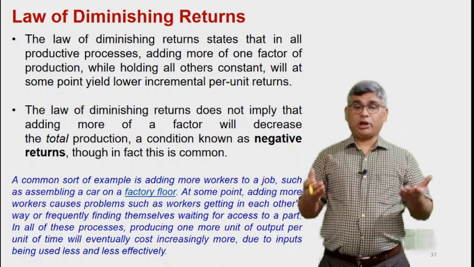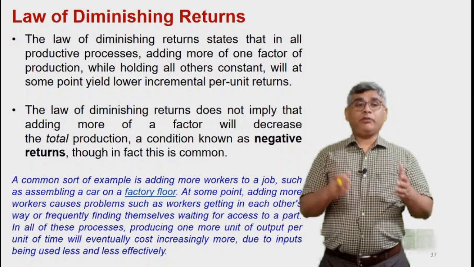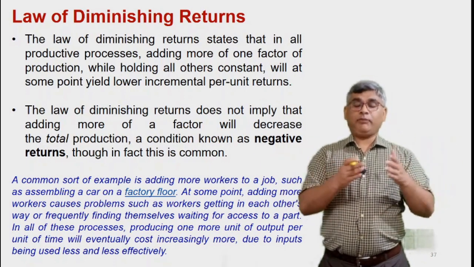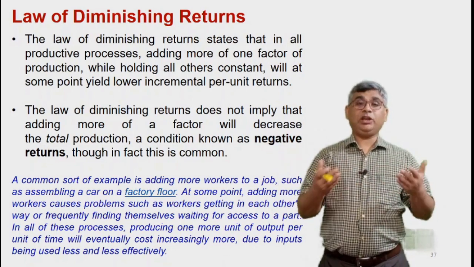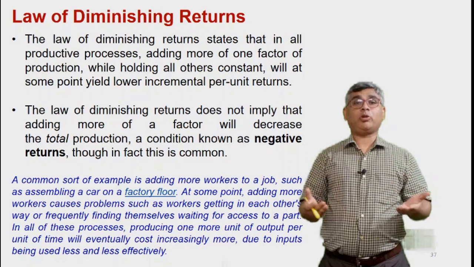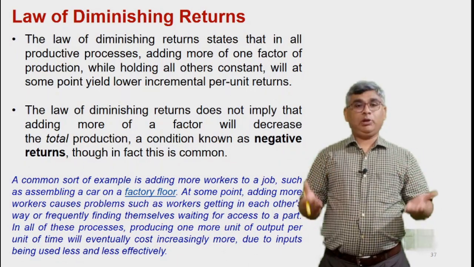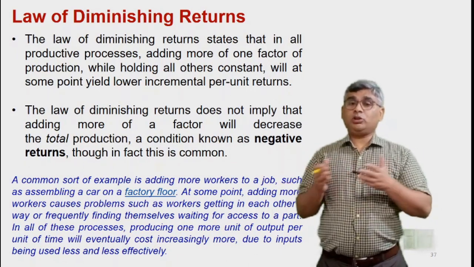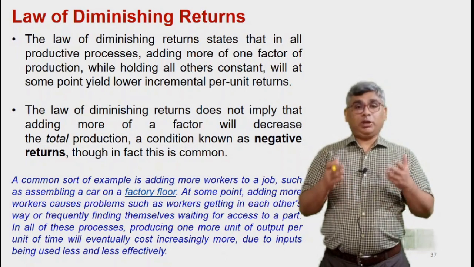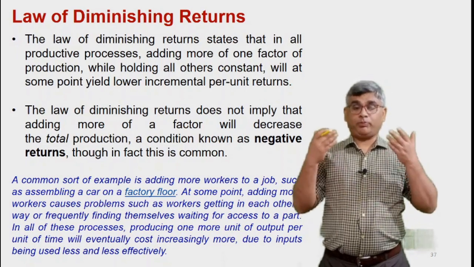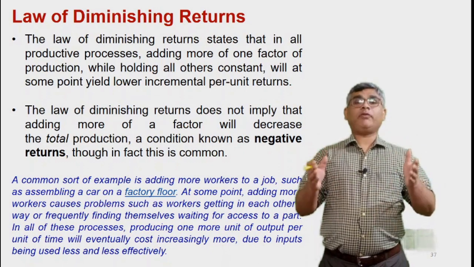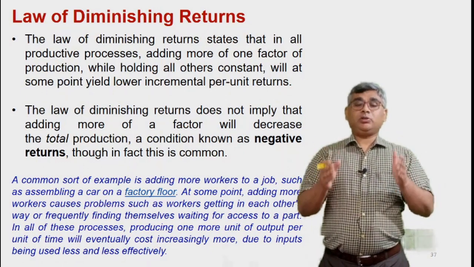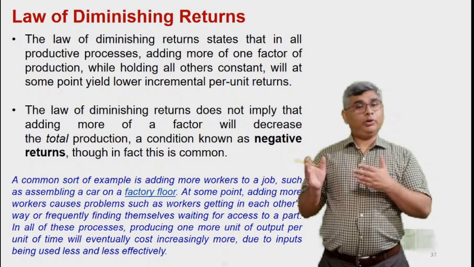Initially, the productivity will increase, but once every laborer is occupying one machine, then beyond that, if we increase the labor, this will reduce the productivity. There will be congestion and restriction on movement. So if we want to increase the productivity or the output, we must take all the factors in totality. That is what we mean by the law of diminishing returns.